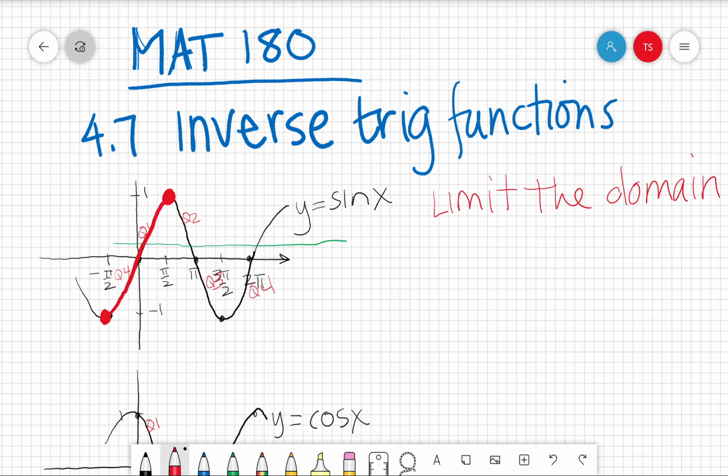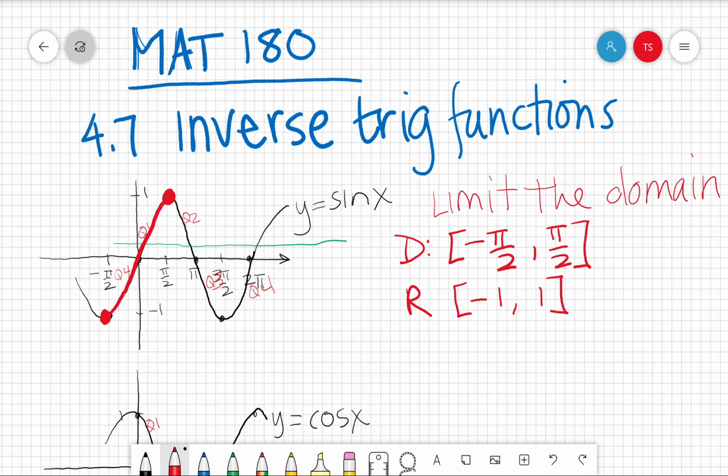Notice that if we do that, if we limit our domain to negative pi over 2 to pi over 2, then our entire range of numbers from negative 1 to 1 will be taken into consideration. So we can get all of the values of sine in this domain of negative pi over 2 to pi over 2.